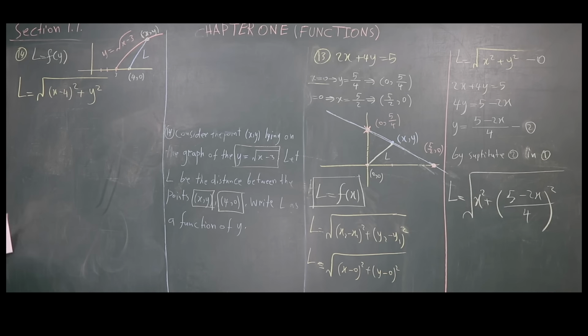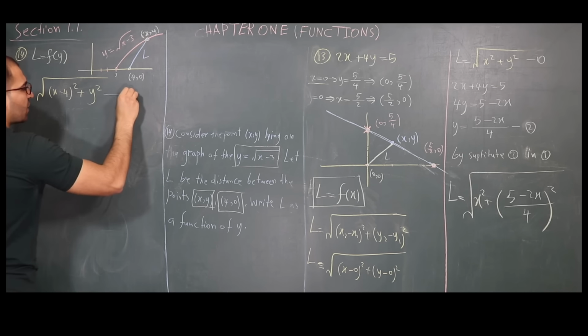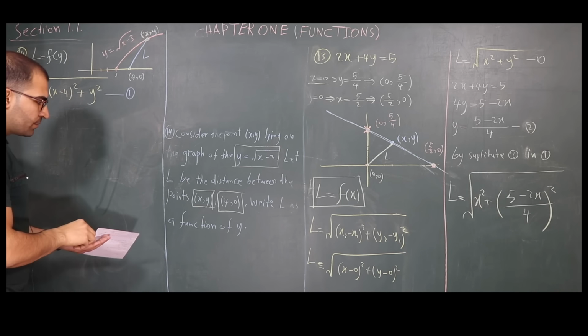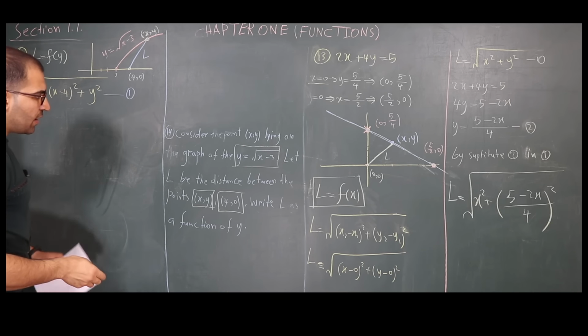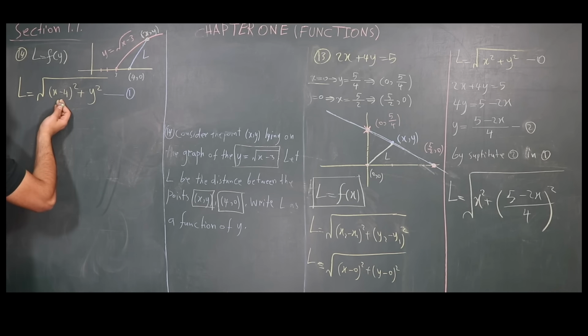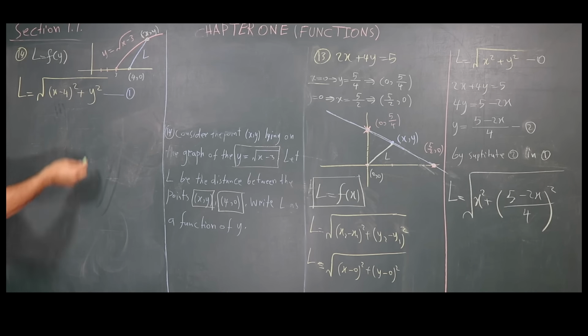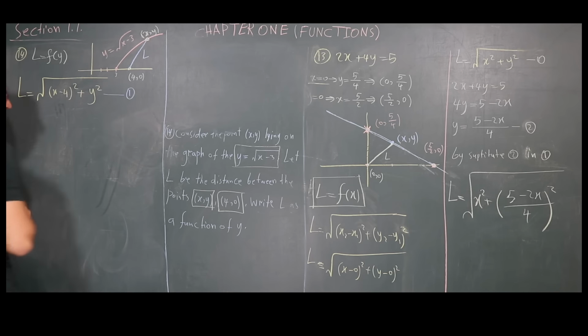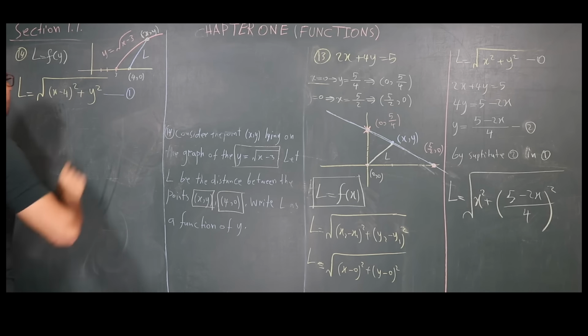And this will be the first equation, just to make our work tidy and elegant. Now we need to get rid of the x. If we get rid of the x, our problem will be easy because I want to find L as a function of the variable y. I don't need x to exist here.